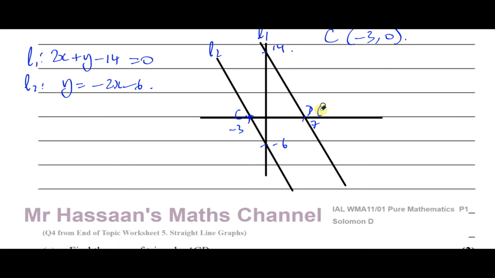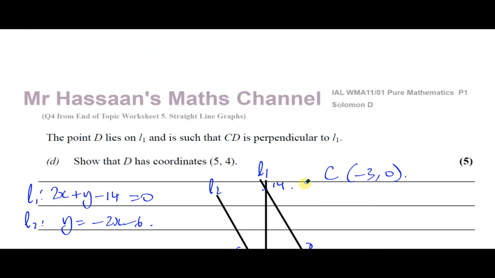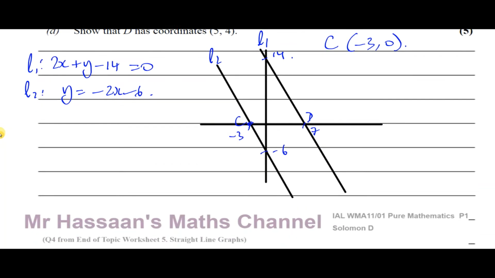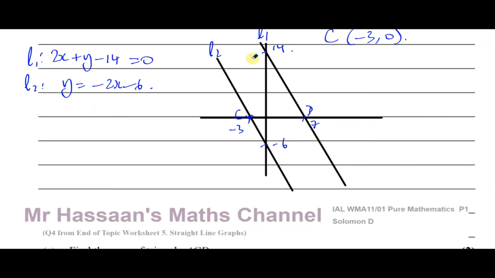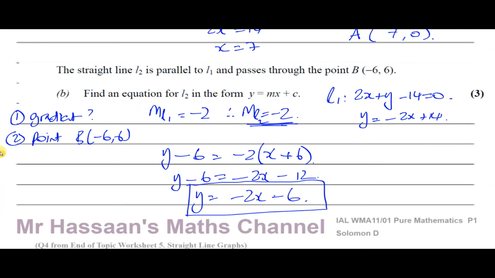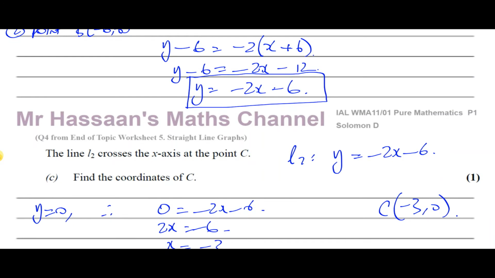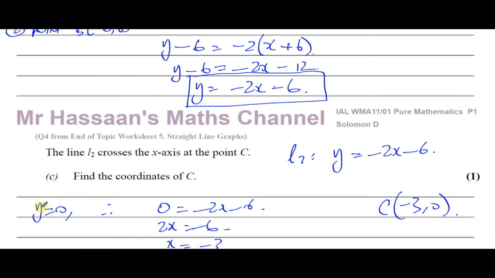Well, sorry, that's point A, not C. That's the point A, and that's the point C. The point C is -3, 0. B, we needed that for that. C is where L2 crosses the x-axis, which is -3, 0. Right, that's what we got.